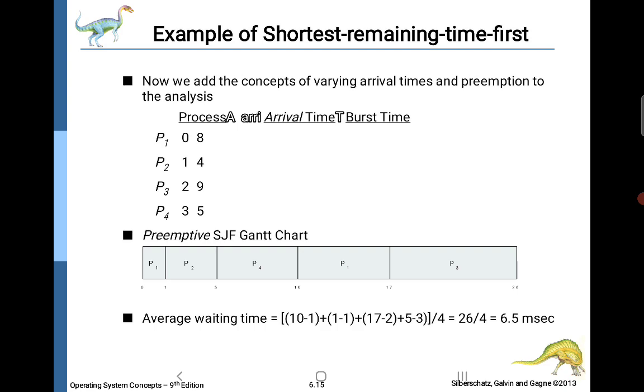It will run until it finishes because the other 2 definitely need more than 5. Then P1 that now needs 7 and P3 that needs 9. Clearly the shortest is P1, so P1 will be allowed in the CPU. Then last will go P3.